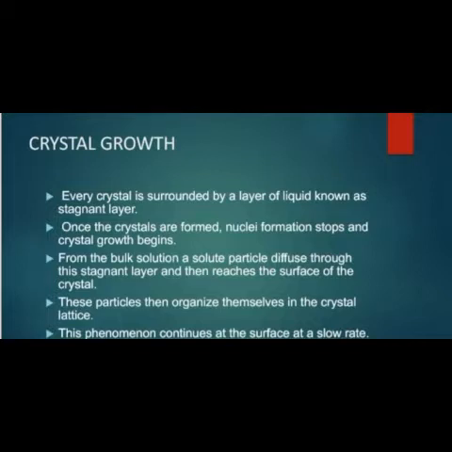The next crystallizer is the vacuum crystallizer. The method is cooling, and the crystal evaporator is also known as the Oslo crystallizer, and the method is evaporation. And the last crystallizer is the magma crystallizer, and the method is evaporation.